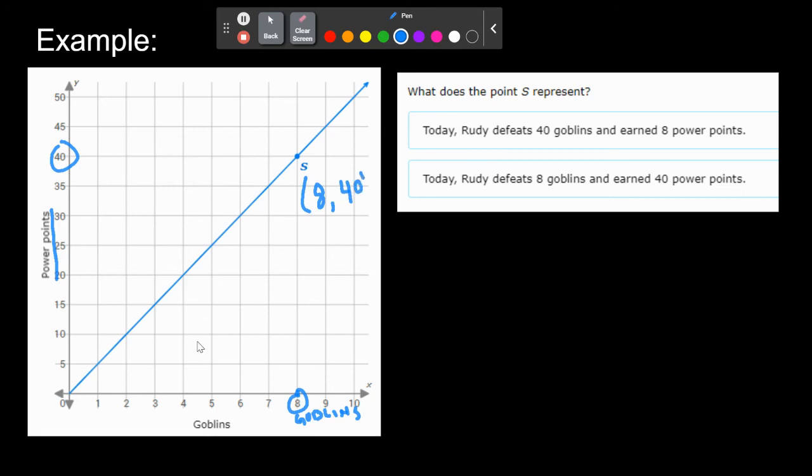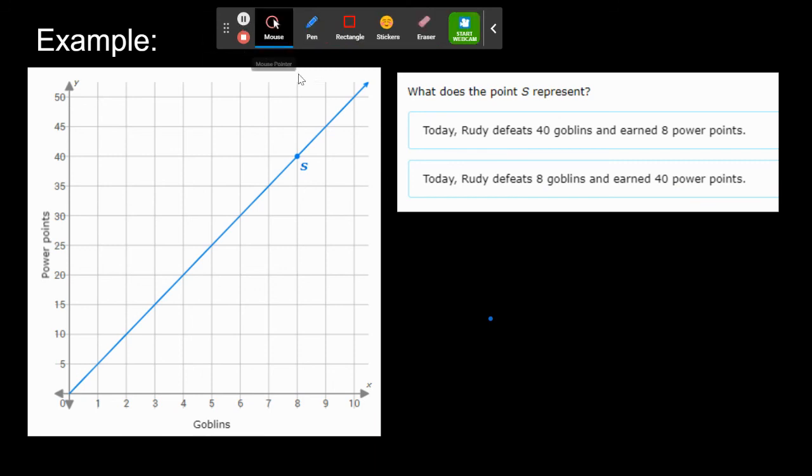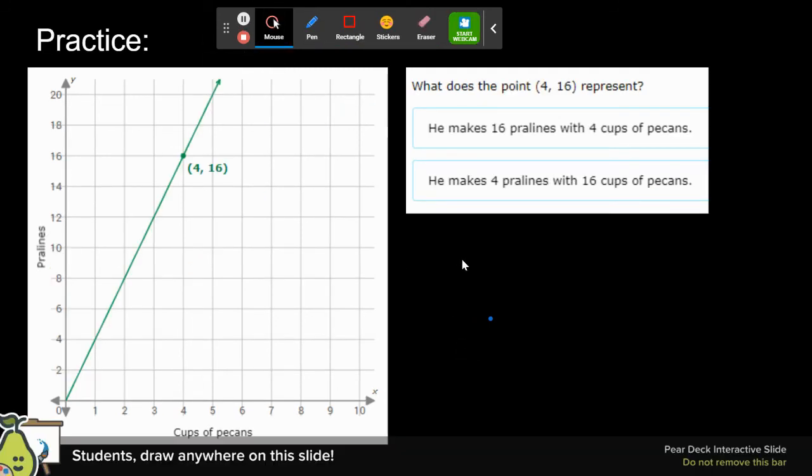Okay, so that's 8 comma 40. Now we need to see which of those represents 8 goblins and 40 power points. So today Rudy defeated 40 goblins and earned 8 power points. No, he didn't. He defeated 8 goblins and earned 40 power points. So this is the right answer here. Okay, that's the winner. Go ahead and see if you can determine which point they're referring to here.